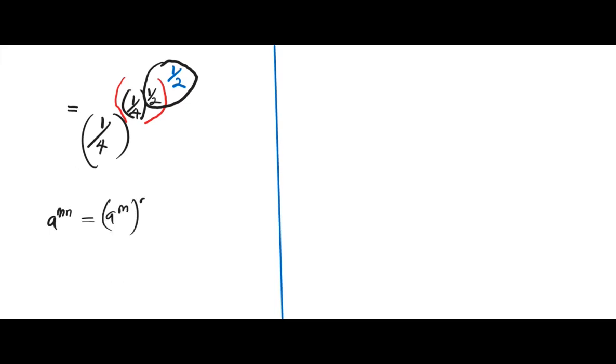If we apply this identity here, we're gonna have 1 over 4 raised to the power of 1 over 4 raised to the power of 1 over 2 times 1 over 2.